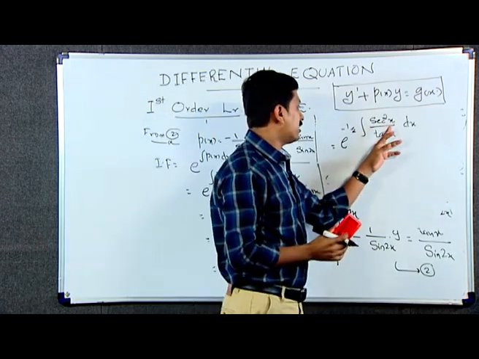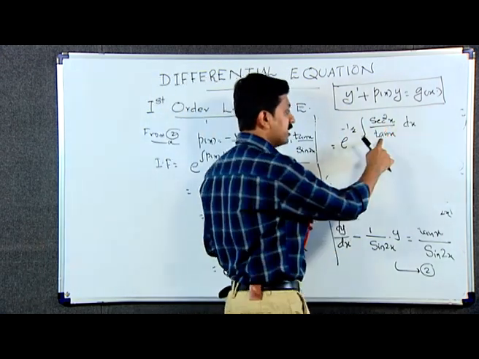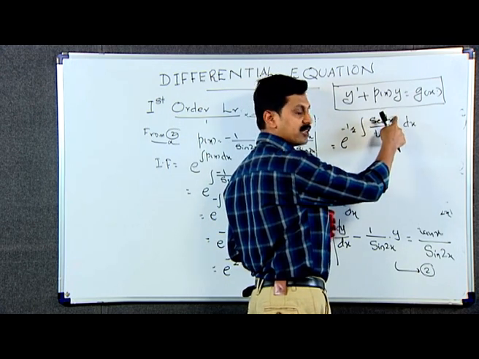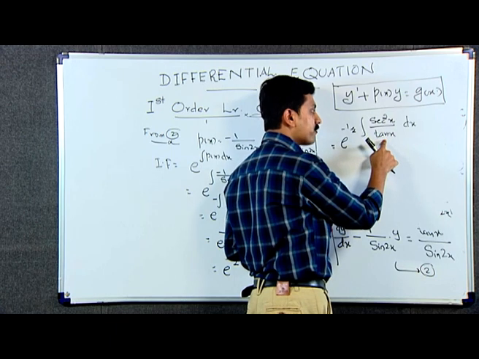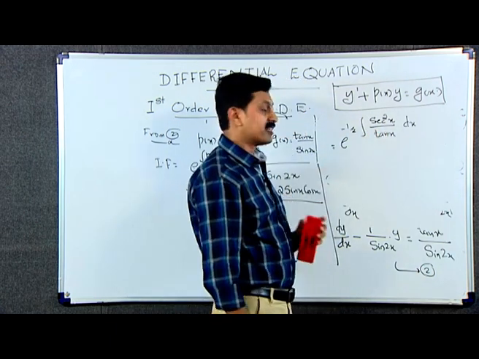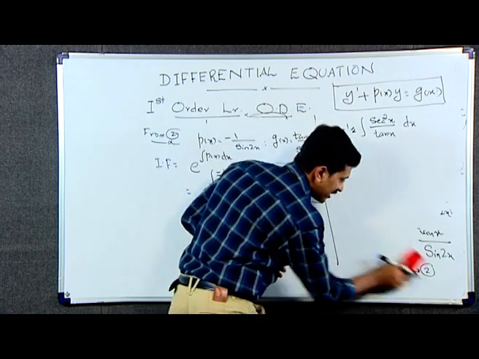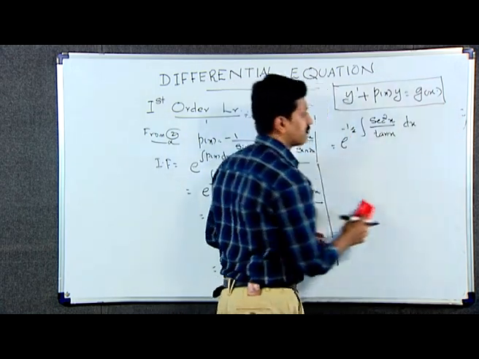See here, the denominator is tan x and the numerator is sec square x. The derivative of tan x is sec square x. That is why we can use the substitution method.